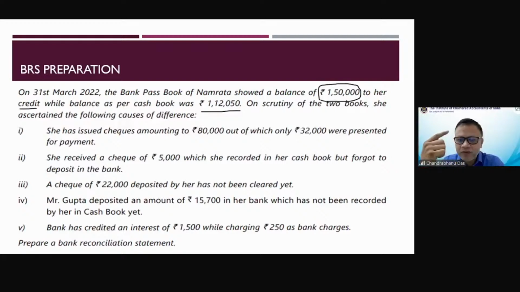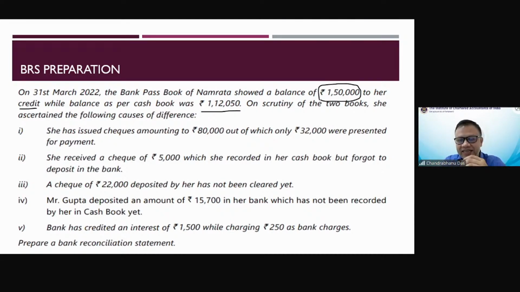Can you hear me, all of you? Yes, it is coming under a timing difference. The reason is she has already recorded it in her cash book, but she has not gone to deposit in the bank, as I told in the last class with the practical example. So the recording is done in the cash book and not in the bank passbook.